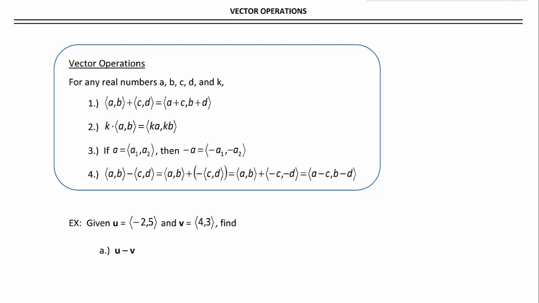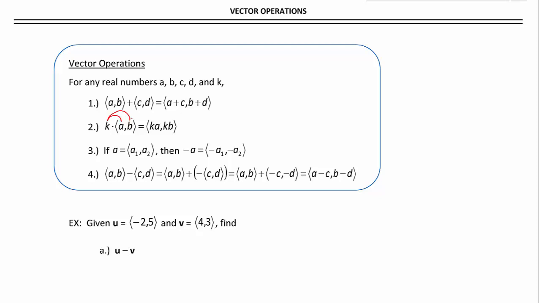If we are multiplying a vector by a scalar, we simply distribute that scalar to each component of the vector. If vector A is equal to a1, a2, then the opposite of vector A, or negative A, is equal to negative a1, comma negative a2.